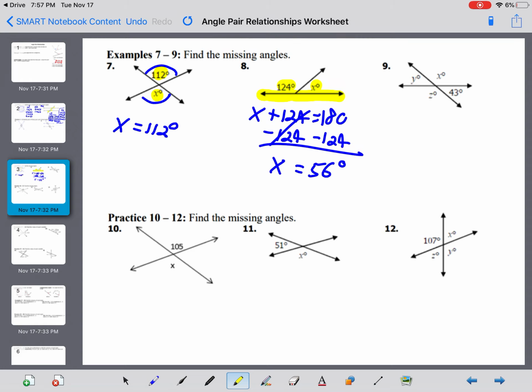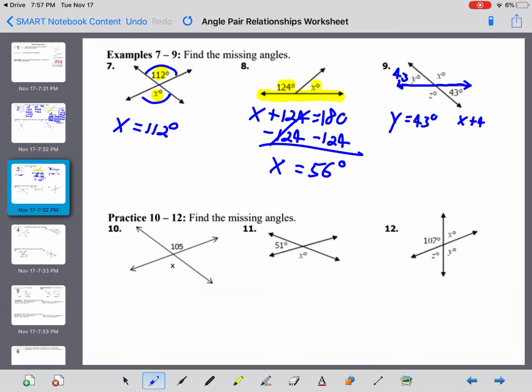This one requires a little bit of work. We have angle x, angle y, angle z, and I noticed that the 43 degrees and y are vertical angles, which means that y equals 43 degrees. So we know that this is 43. If I draw this line, that's a linear pair.